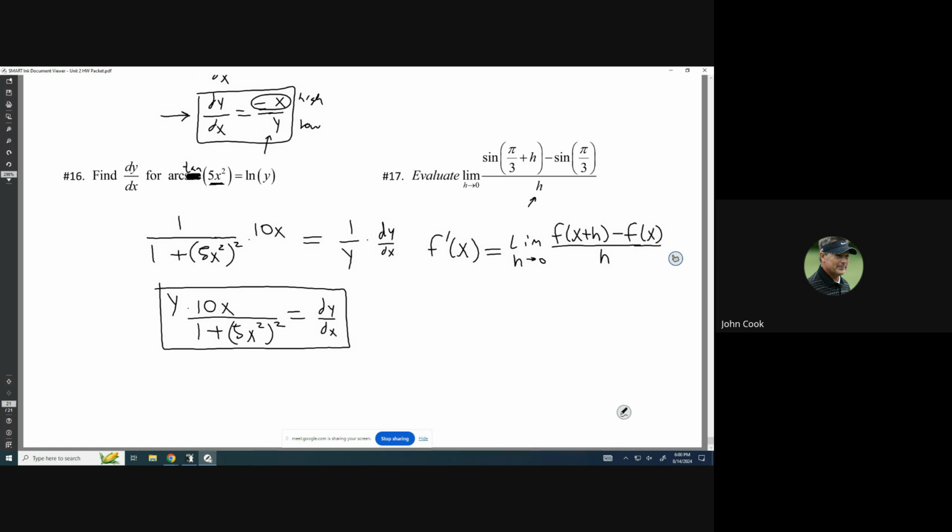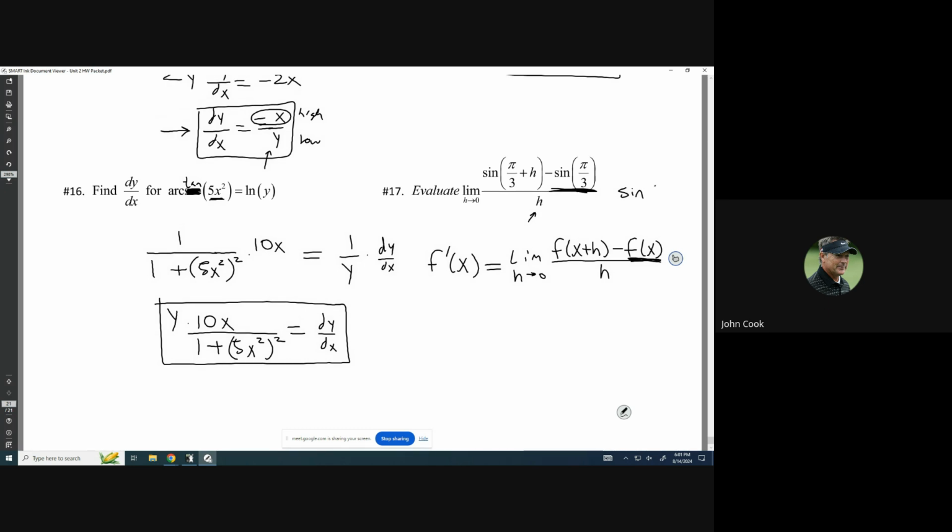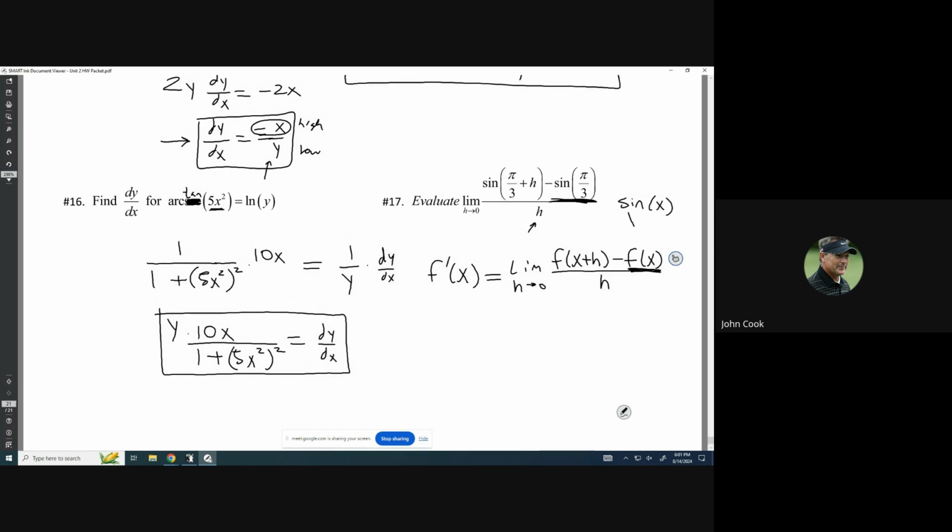So, hey, look at that. This looks very familiar. So why don't we translate this into what it's really asking us, okay? This part, f of x, is over here, sine of pi thirds. So that means the function I'm dealing with, f of x, is probably sine of x, and the x value is pi thirds.